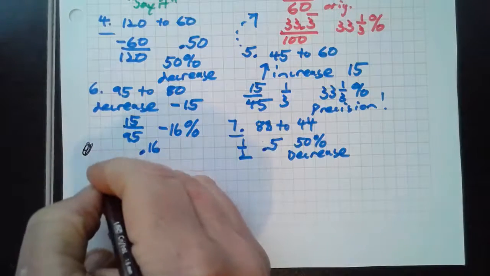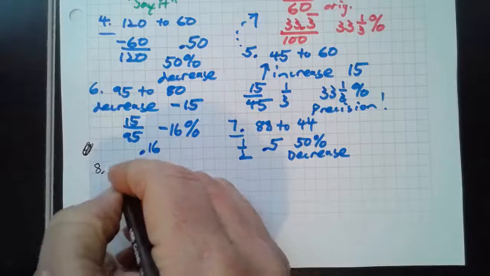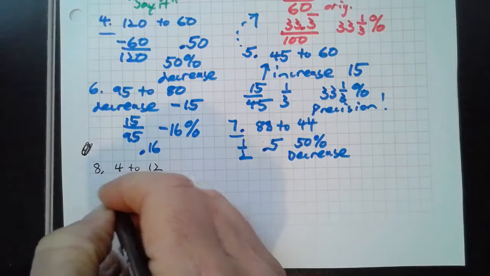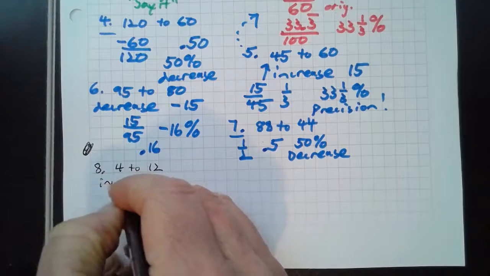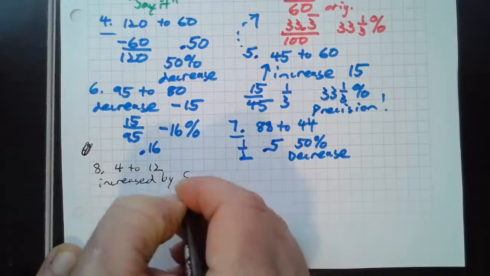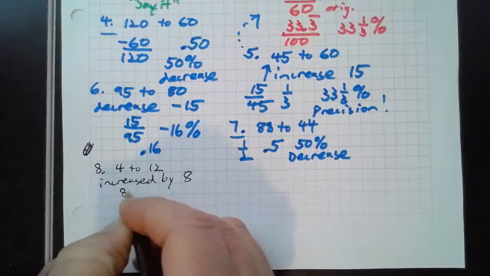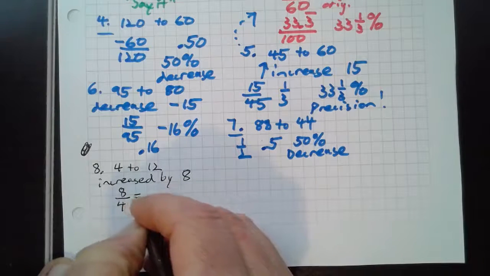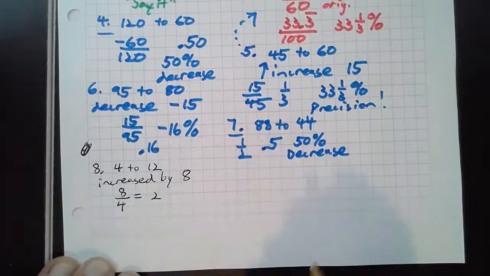Number 8. Changed from 4 to 12? Did it go up or down? Increase. By how much? 8. 8, what's the original? 4. 8 compared to 4 is 2. 2 is what percent?